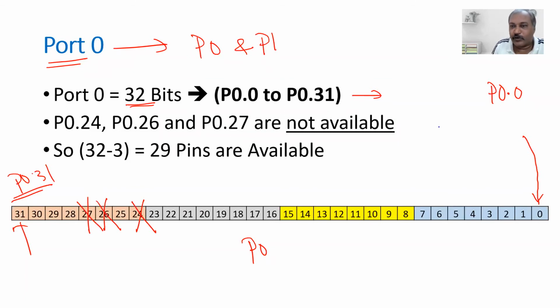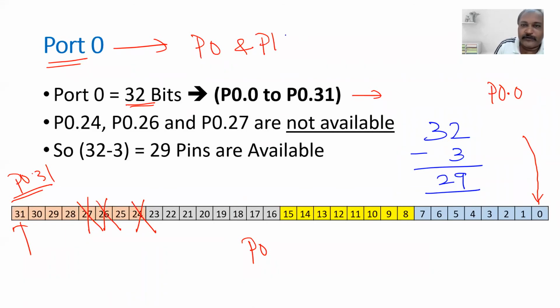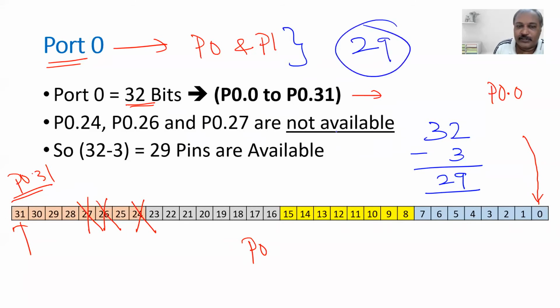Out of the total 32, we do not have 3. The remaining 29 pins can be used for GPIO operation. So in port 0, even though theoretically we have 32, we have only 29 to use. The remaining 3 pins are not used. Which are they? Port 0.24, port 0.26, and port 0.27.